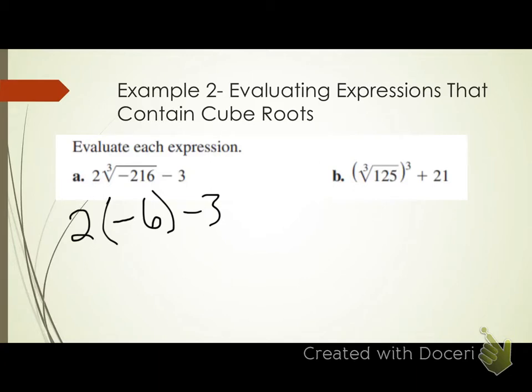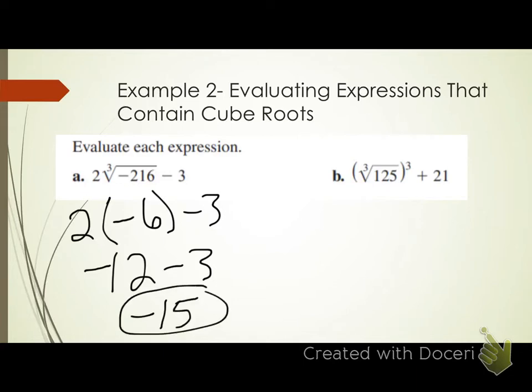So I'm doing 2 times negative 6, which gives me negative 12. Now all I have left is subtraction. Negative 12 minus 3 gives me negative 15. So just like we did last week, using our order of operations to evaluate expressions, we just have cube roots thrown in there.